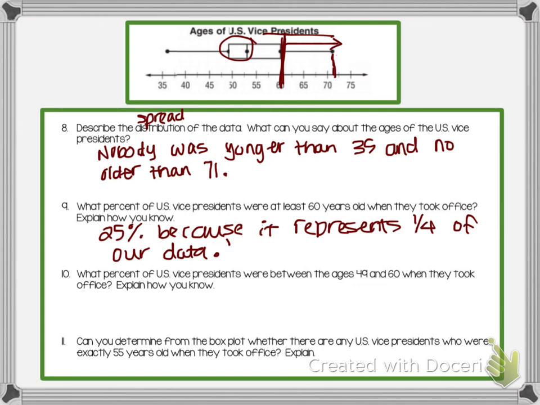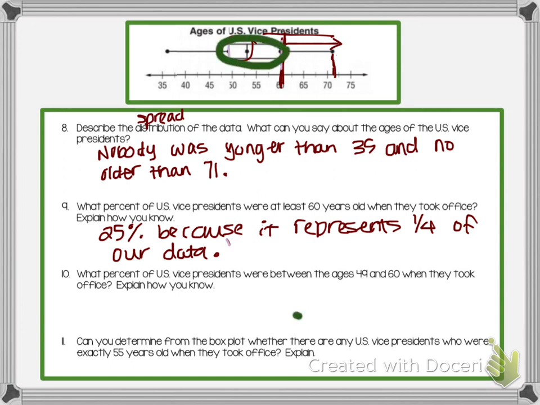I want you to try number 10 on your own. What percent of U.S. vice presidents were between the ages of 49 and 60 when they took office? 49 and 60 is from here to here, right?